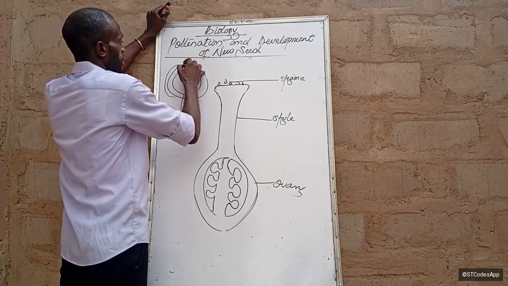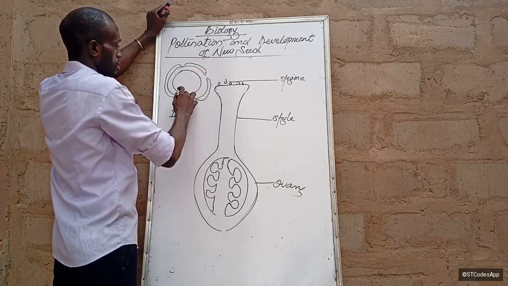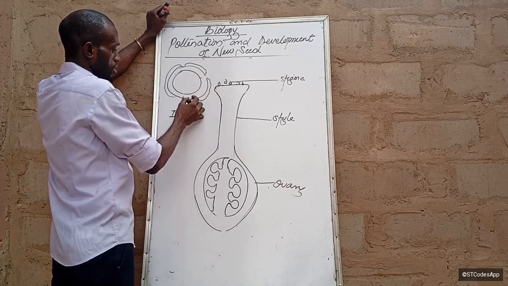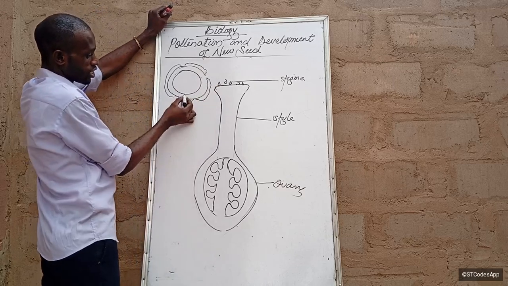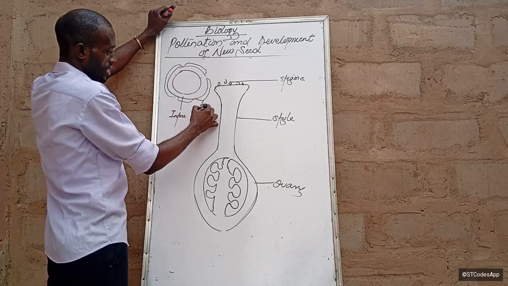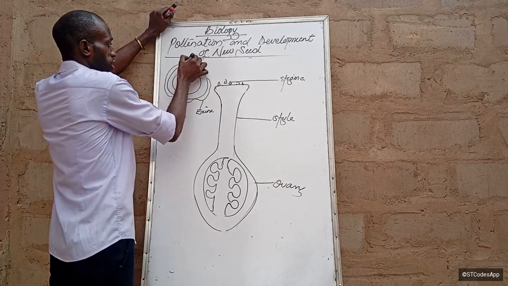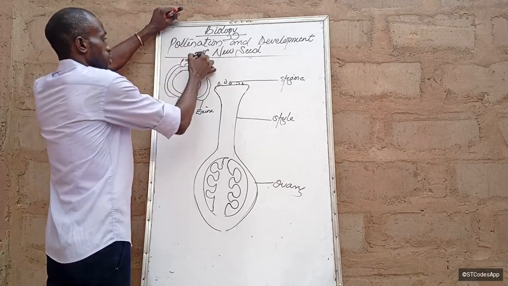This one here is the exine, the outer wall. This is a pollen grain I'm drawing for you now so that you understand. One pollen grain, this is the way it looks.